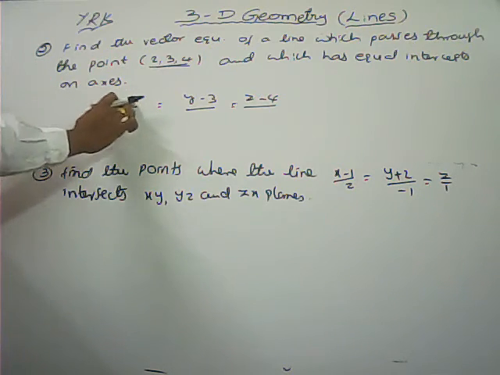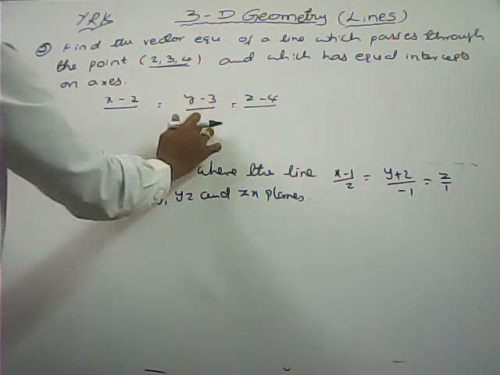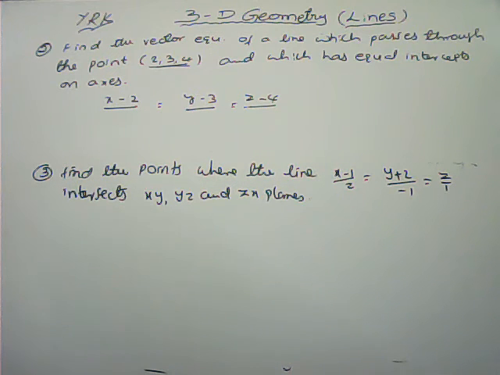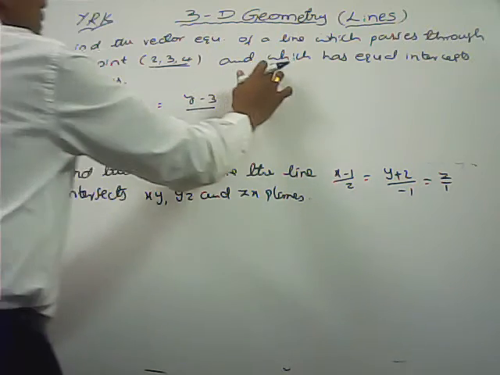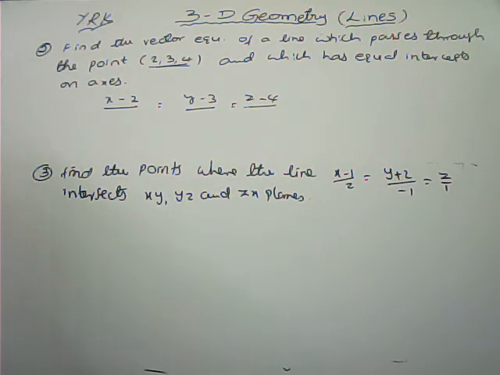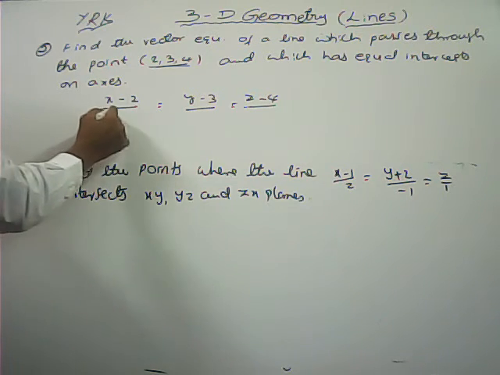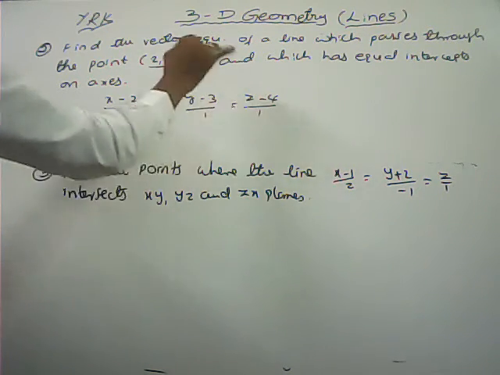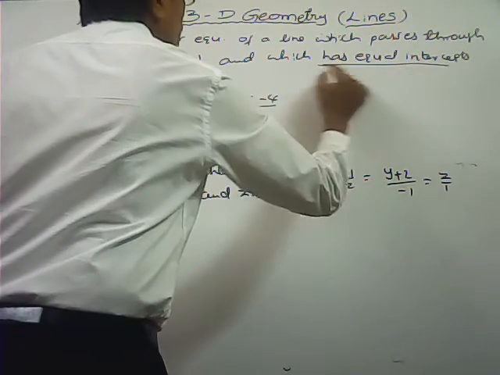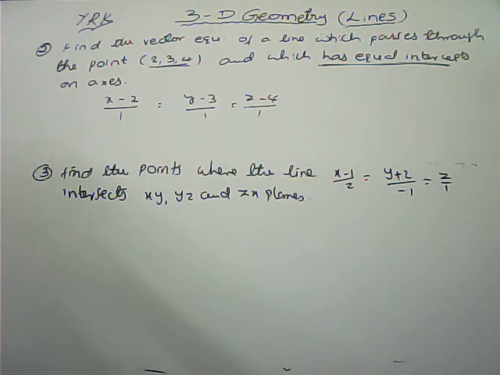The parallel vector is not given directly, but a hint is given: it has equal intercepts on the axes. Whenever they give equal intercepts, we can simply take the direction ratios as 1, 1, 1.